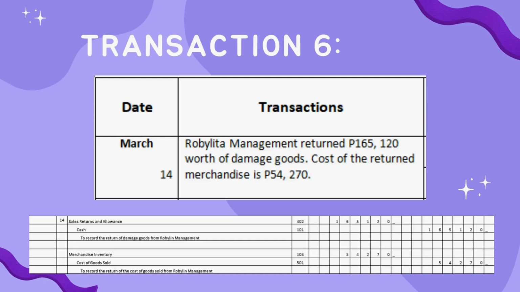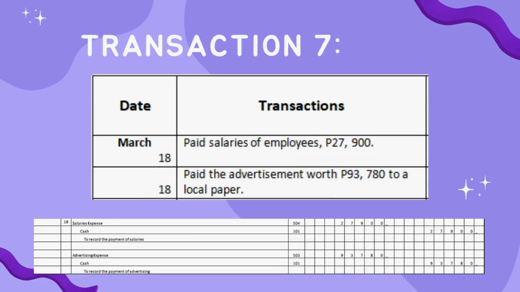Merchandise inventory will be debited with 54,270 pesos and cost of goods sold will be credited with 54,270 pesos.